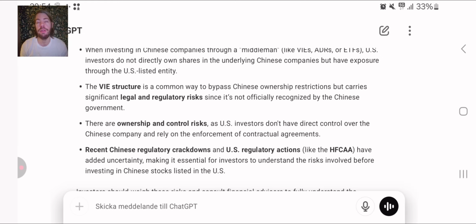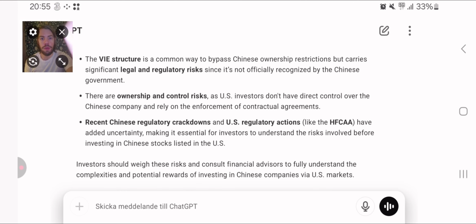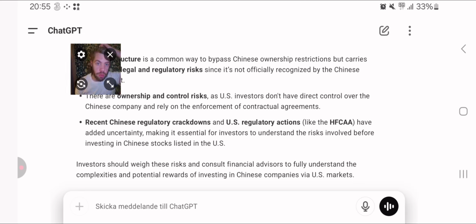Obviously, you don't have the voting rights, you don't control any real shares in the companies, and we have also seen some crackdowns after COVID from the China leadership, and we know that there are some tensions between USA and China in terms of the tariff situation, etc., that can also affect the situation. So at the end of the day, investors should always weigh these risks before they invest and analyze the stock price.